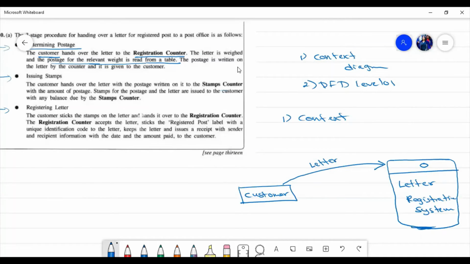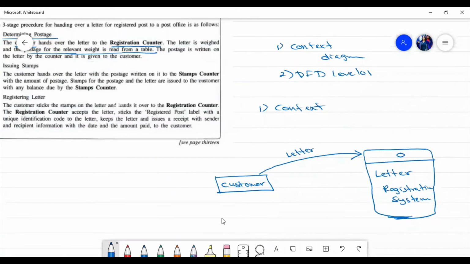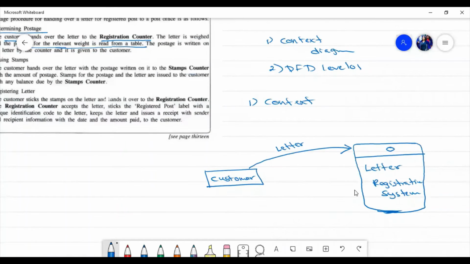The postage is written on the letter by the counter and it is given to the customer. So now the system will give back some kind of output to the customer. We could say letter plus postage details.